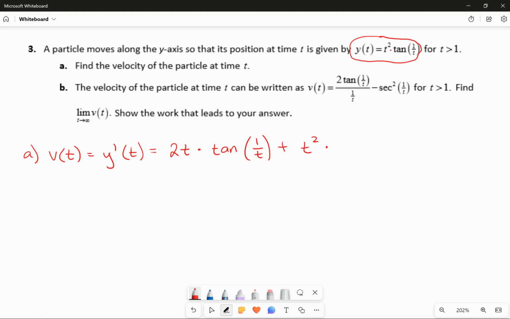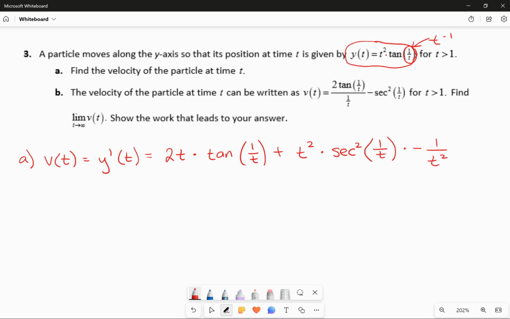The outer function is tangent. The derivative of tangent is secant squared of, we keep that inside function the same, times the derivative of the inside function. Now, recall that 1 over t is t to the negative 1 power. So to take the derivative, that would be times negative t to the negative 2 power, or it might be helpful to rewrite that as 1 over t squared.